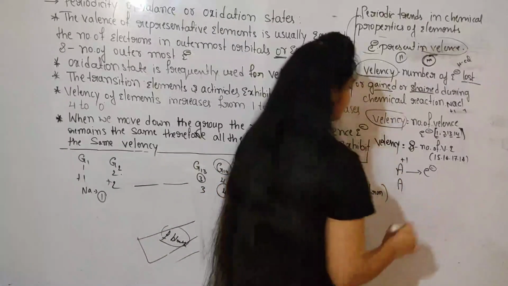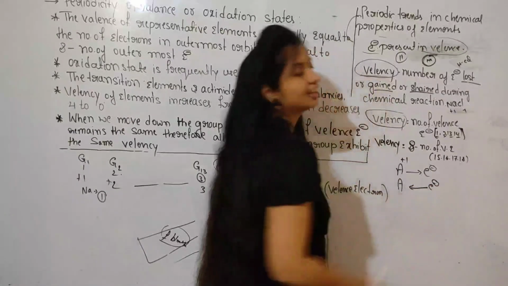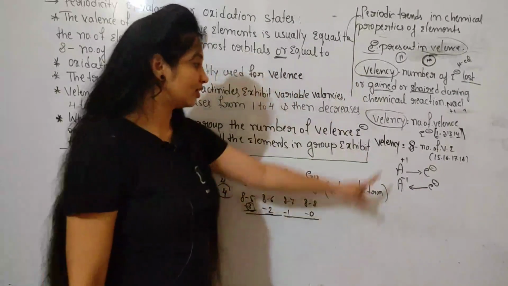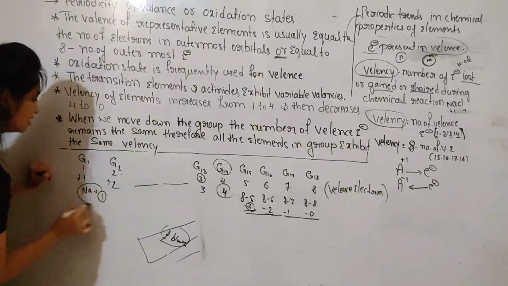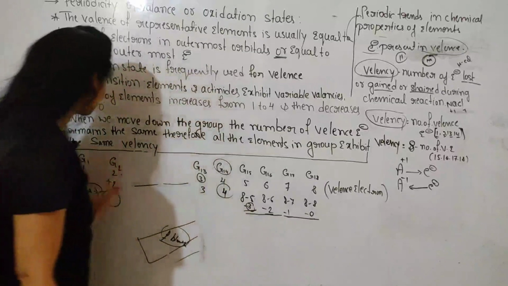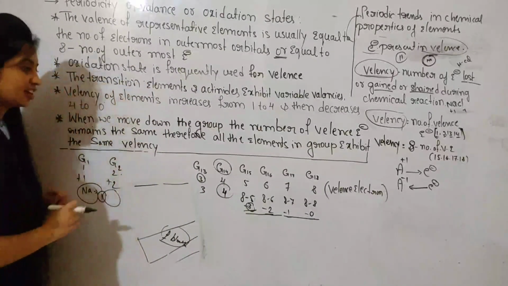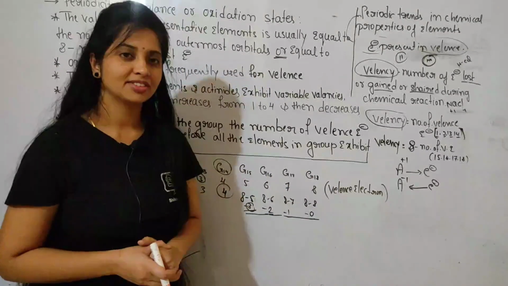And if the element gains one electron, then we mention minus 1. Already you know that. So here the elements lost 1 electron. Here the elements lost 2 electrons. Why do these elements lose electrons and why do these elements gain electrons?